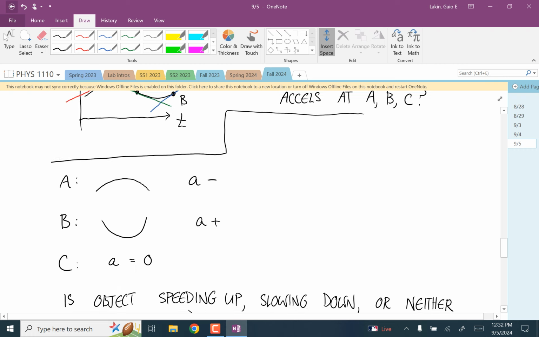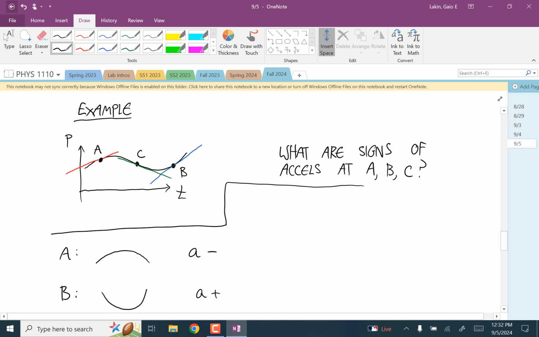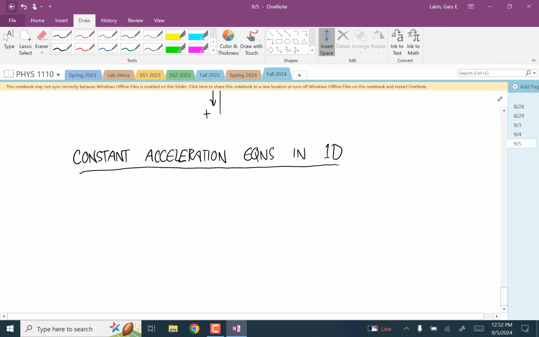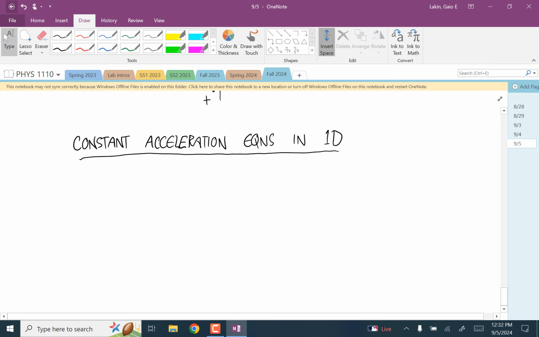So the calculations we're going to do could not represent this. They could possibly represent this, okay? So not every motion has constant acceleration. But a lot of important ones do.